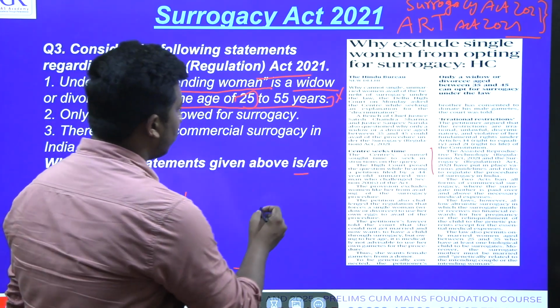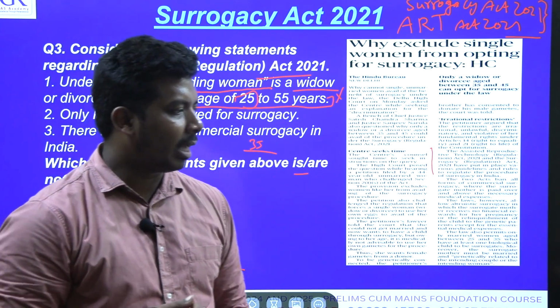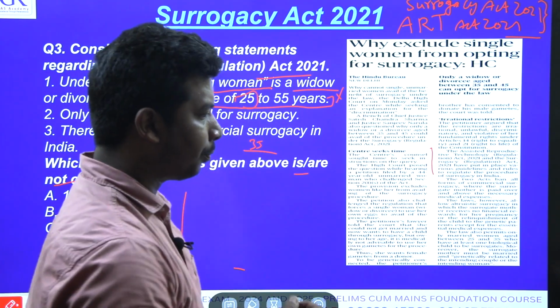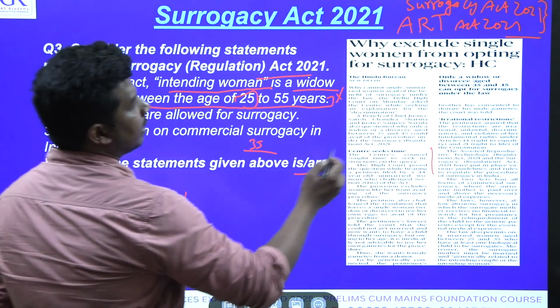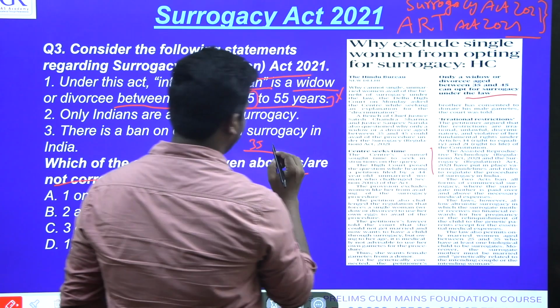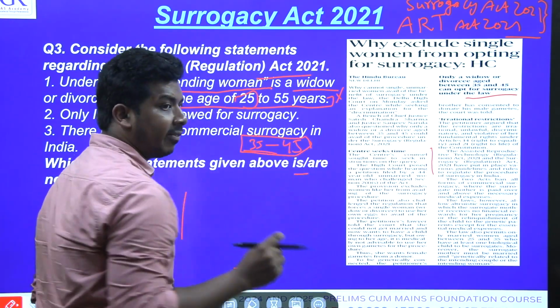Usually, women who are above 35 years have some problems in having babies. So the intending woman as per this act means 35 to 45 years.